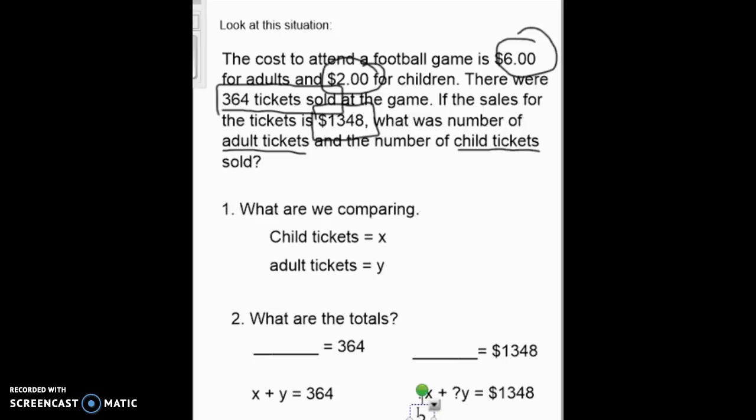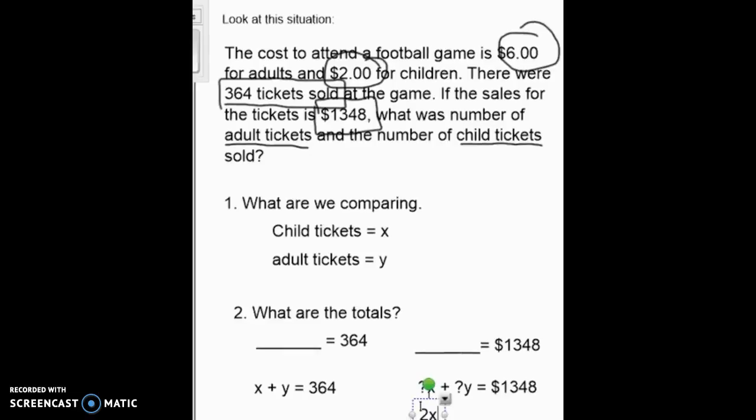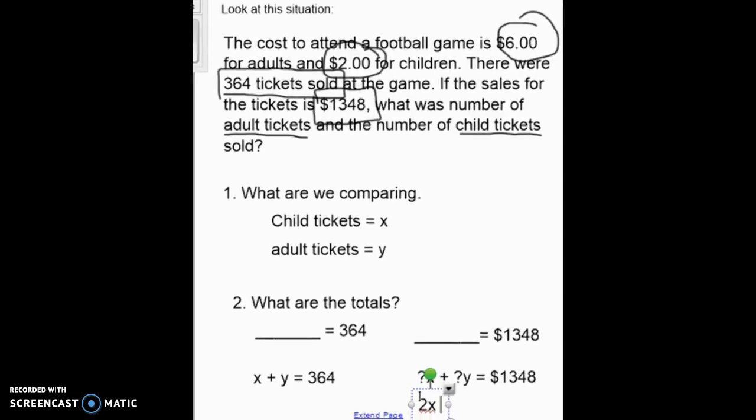We don't know how many we're selling of those yet, so we're just going to leave the child tickets as an X, which we compared in the first question. And we're going to add that to the cost of adult tickets, which was 6, and then Y, and then we just have our equal sign for 1,348. So our problem here is completely set up.